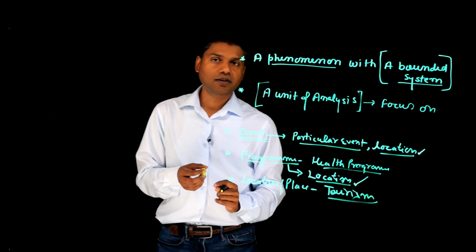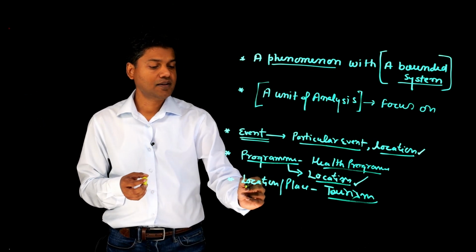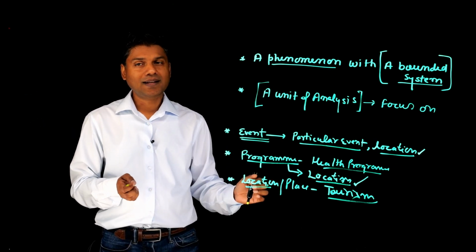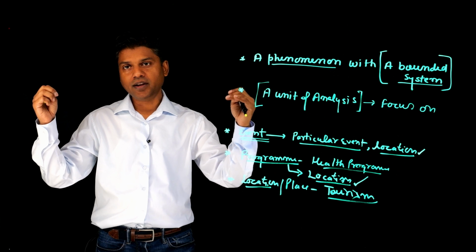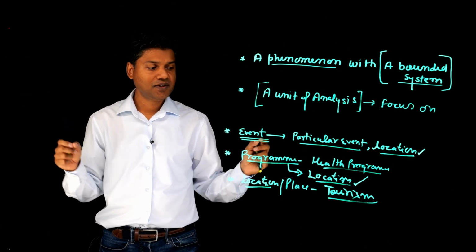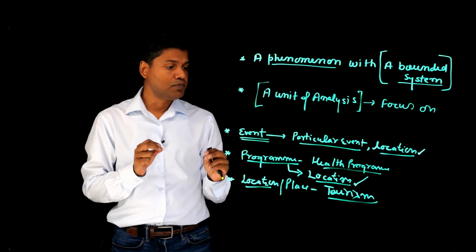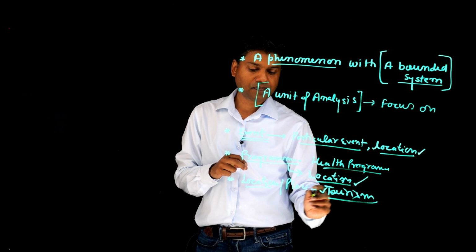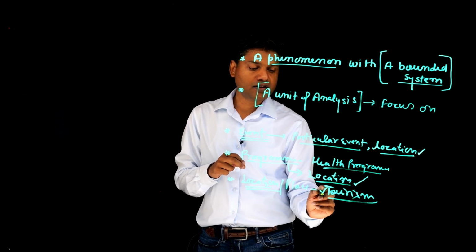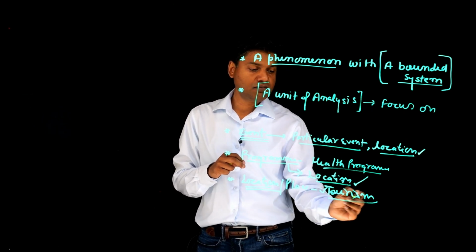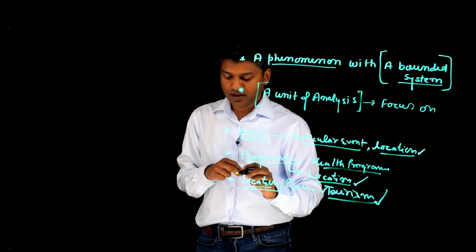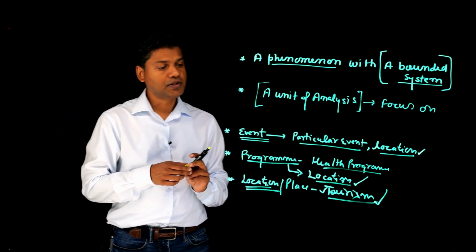So what I'm doing here, location is obviously Jacksonville. And Jacksonville is a big city, right, with all different things. But I want to focus on one particular aspect, which is tourism. So you are bounding it with the phenomenon, which is tourism, but you are also bounding it with location.